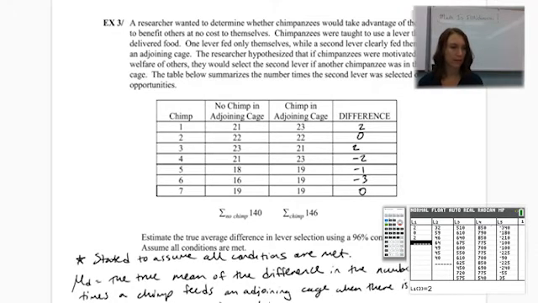Not sure what happened there. Oh, I see, it's doing that. Okay, hold on. -2. Okay, and -1 and -3 and 0. Okay, so I have my differences in here.